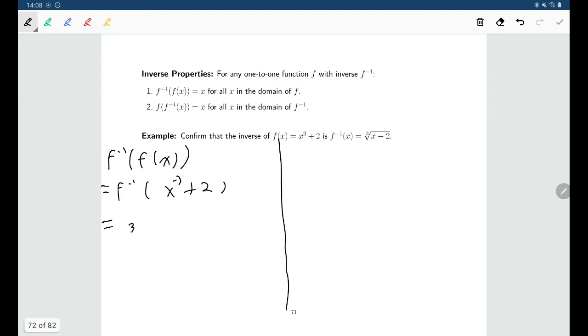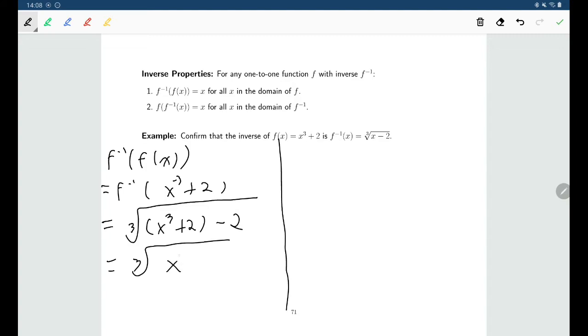So I'll have the cube root of x cubed plus 2 minus 2. Then simplifying from there, the plus 2 and the minus 2 cancel each other out. And then x cubed, cube rooted, would just be x. So if you take f inverse and compose it with f, it just gives you whatever that input value of x is back again. And let's do the same thing for f composed with f inverse.